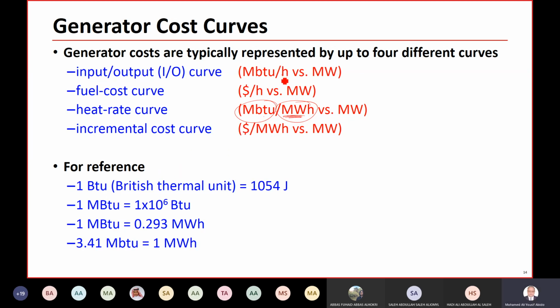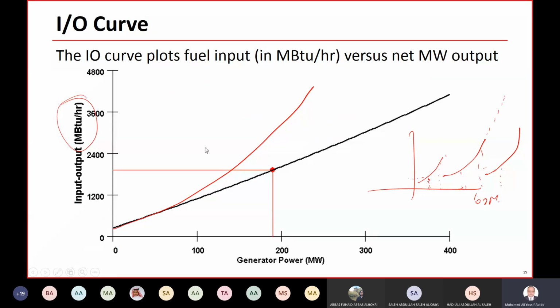Here you have hour. So this is the input output. Did you get the point, Ryan? Yes. Units are different here. This is mega British thermal unit over hour. So this is the input output curve.